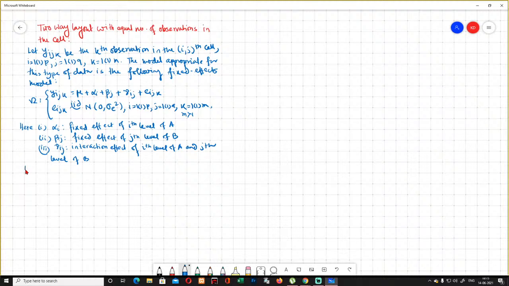Now least square estimator and SS. SS means sum of squares.